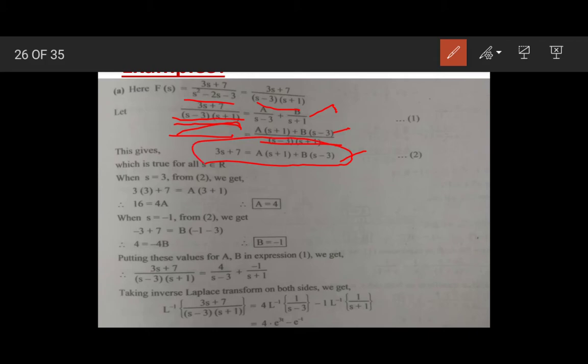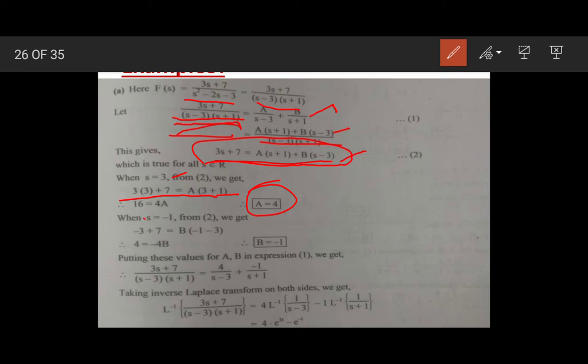After getting this equation, first I will put s as 3. So when I substitute s as 3, then the equation will be 3 into 3 plus 7, which is equal to a into 3 plus 1. So we get the value for a. So a is 4.